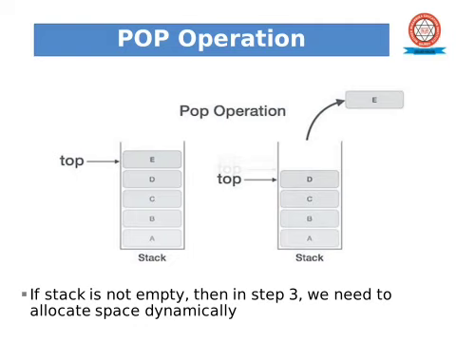For example, in a stack, if you have 5 data elements, that is A, B, C, D and E, top is pointing to the top of the stack, that is data element E. And if you want to perform pop operation on the stack, then access the data element at which top is pointing, that is element E, and decrease the value of top by 1, meaning top = top - 1.